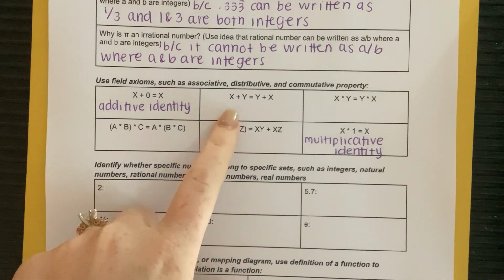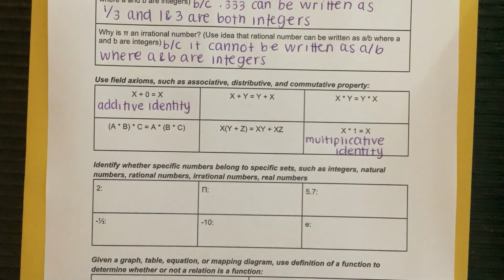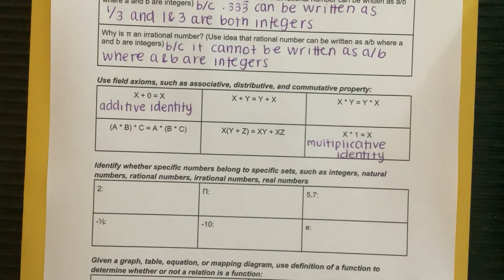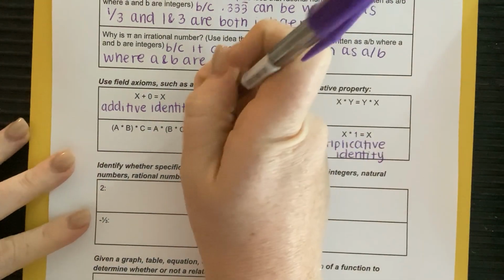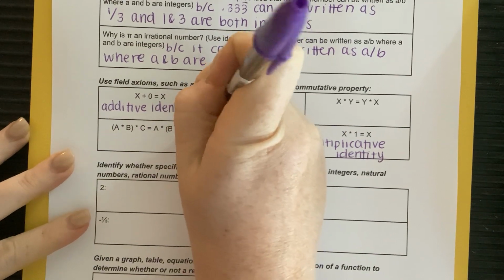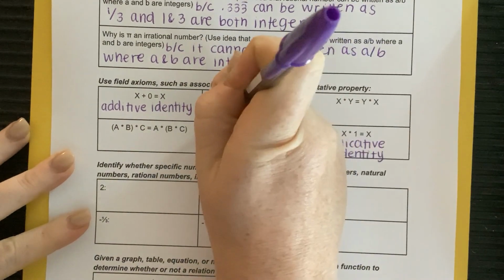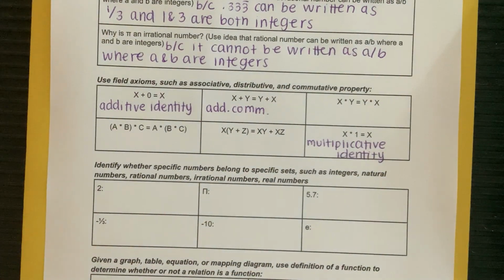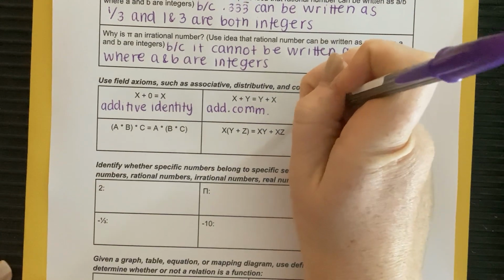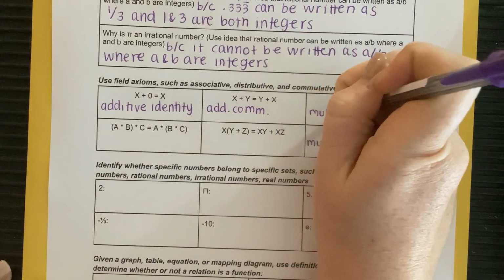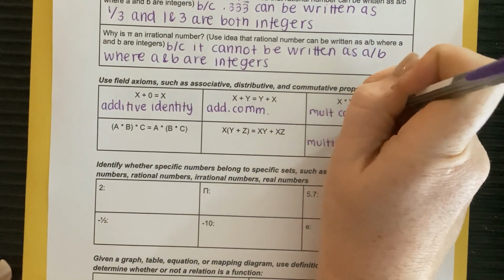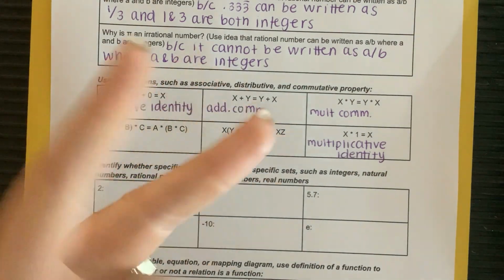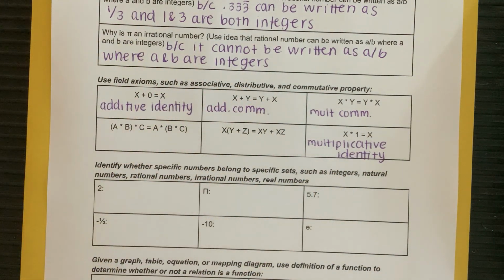If we look at this one right here, the idea that you can add, or right here, multiply in either direction, that's talking about commutativity. All right, so for this first one, I'm just going to write, okay, so that's talking about additive, and it's the commutative property. This one right here, this is multiplication, and that's the commutative property. So commutative, you're thinking flip-flop, all right? So they can flip-flop with each other.